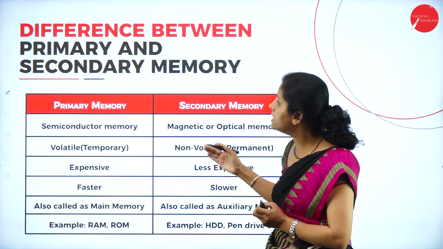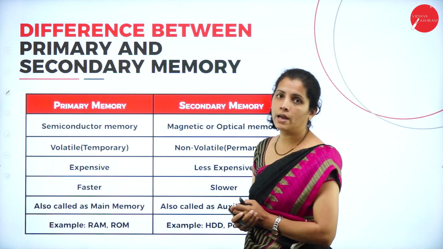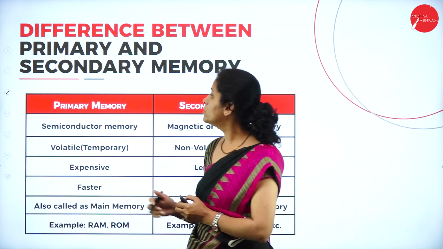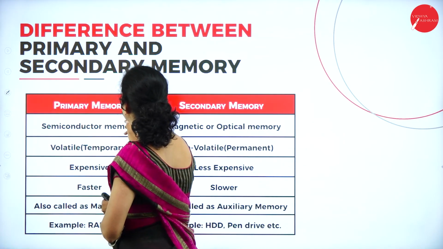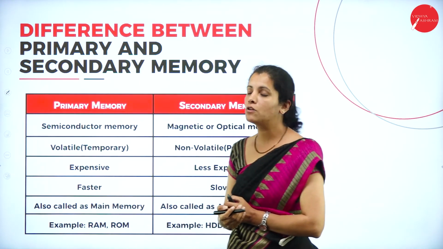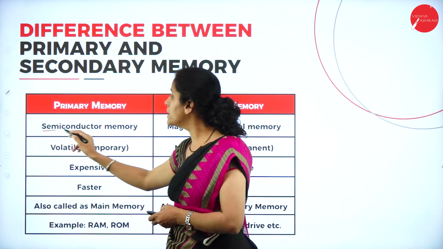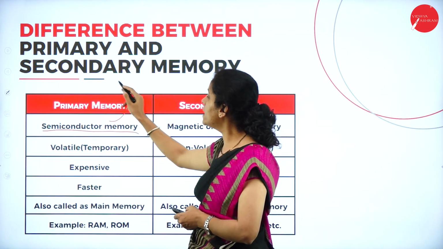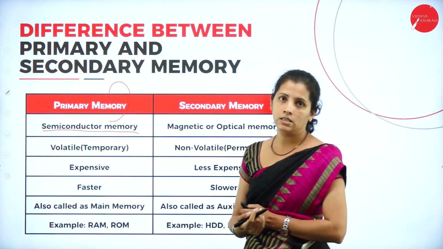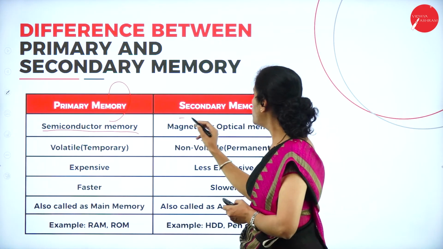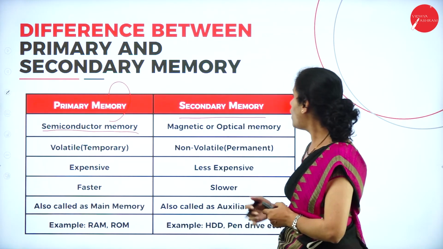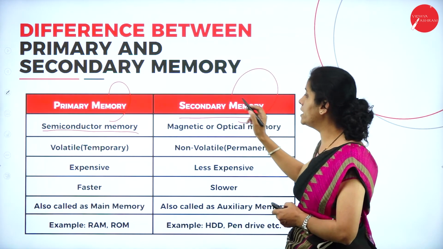Now let's see the difference between primary memory and secondary memory. So what is primary memory? Primary memory is also called semiconductor memory because it is made up of semiconductors. Secondary memory is called magnetic or optical memory.